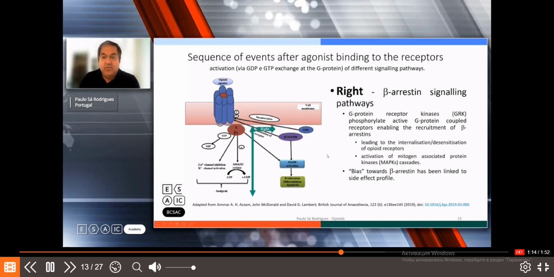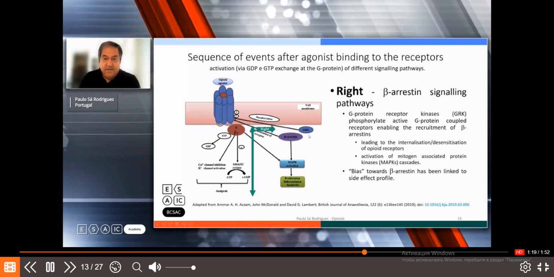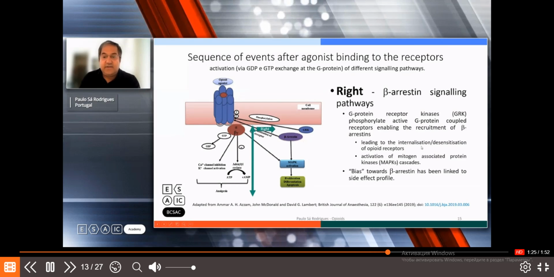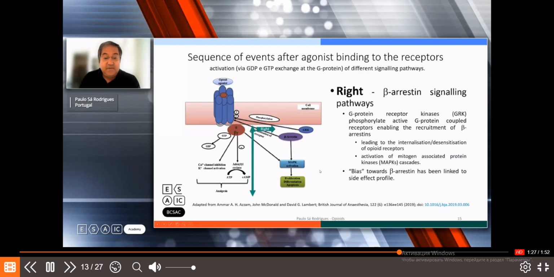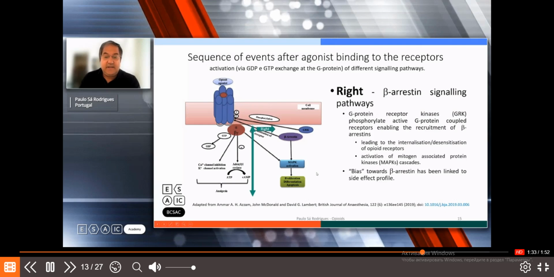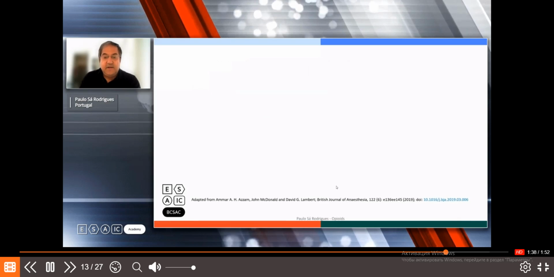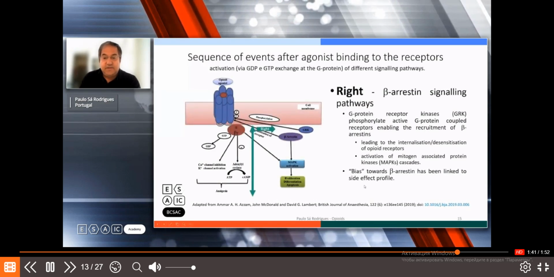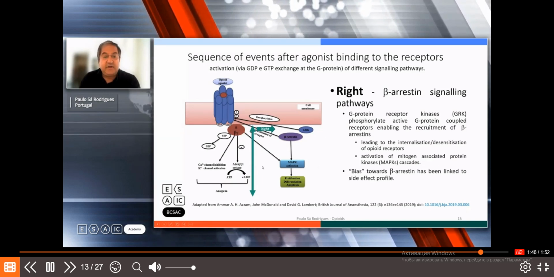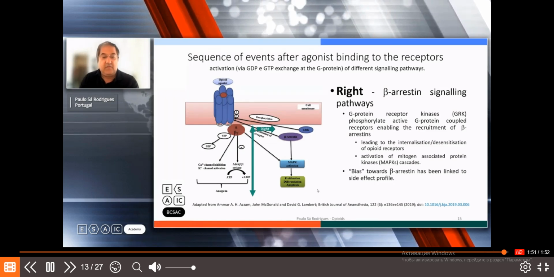Here, what happens is the activation of G protein receptor kinases leads to the internalization and desensitization of opioid receptors and the activation of the mitogen-associated protein kinase cascade, which comes to a bias towards the beta-arrestin, and the activation of this pathway has been linked to the side effect profile of opioids.